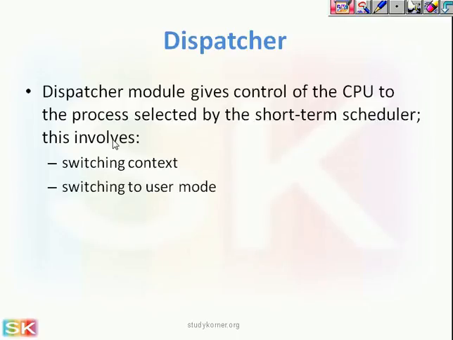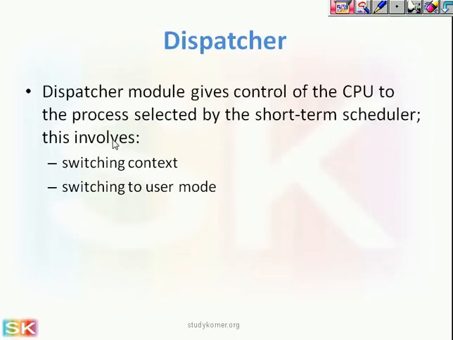Context switching means the contents of CPU registers for the running process will be saved back to main memory first, and then the contents of main memory of the next process which is going to be executed in the CPU will be loaded into the registers of the CPU, right?